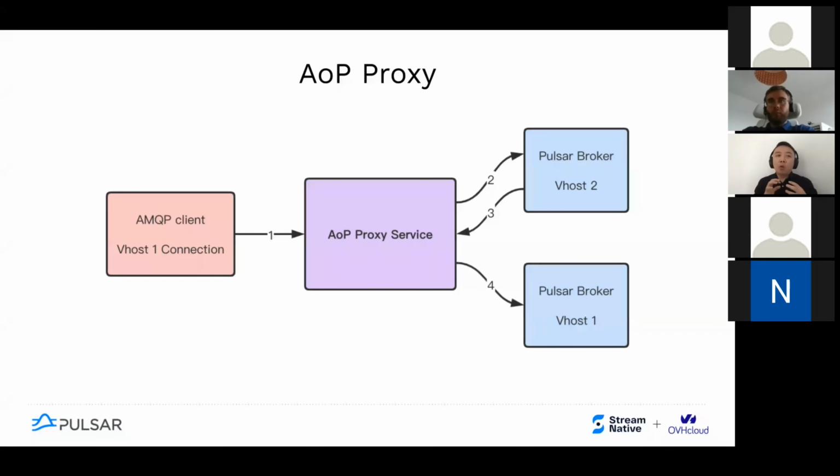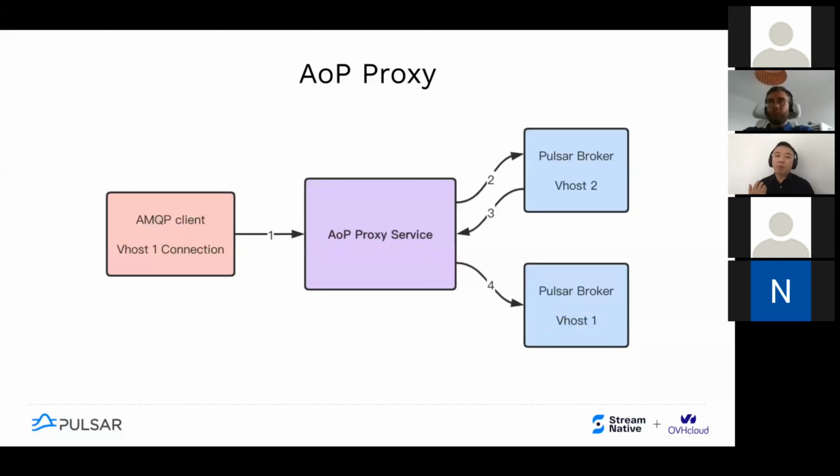But you don't want to give a different broker address to your AMQP client. So we introduced a proxy service, but the proxy service is actually built within the AoP plugin. So there's no additional service; the protocol handler handles all of this and proxies all the traffic to the target brokers.